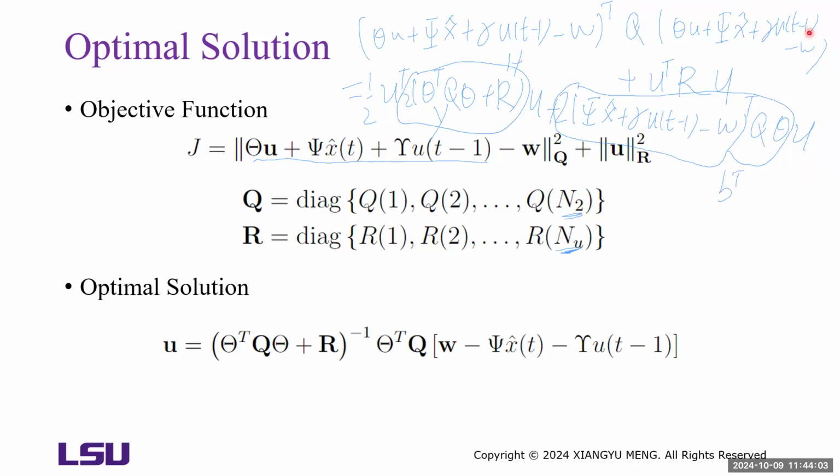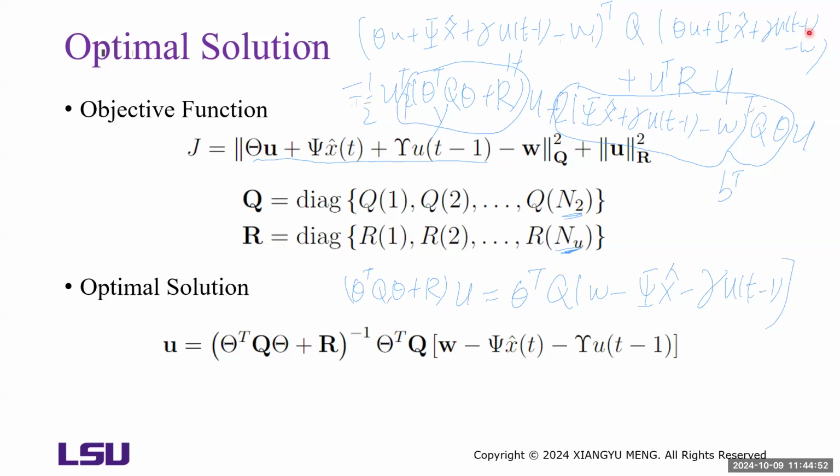Then the equation we need to solve is H U equal to negative B. We can cancel the 2 here, so it will be theta transpose Q theta plus R, times U, equal to negative B. B transpose, since Q is symmetric, gives theta transpose Q times W minus phi x hat minus gamma ut minus 1.